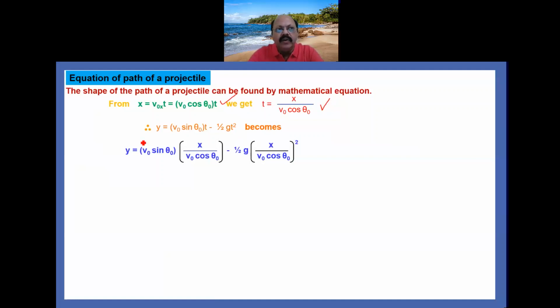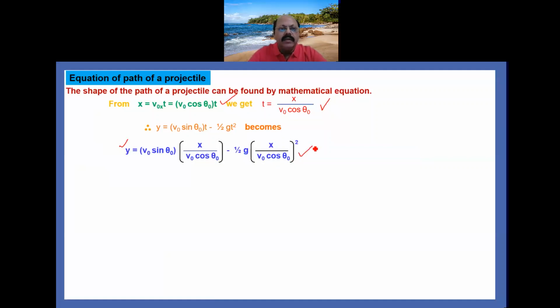Then y naught equal to 0, so you get only y. And v naught y is v naught sine theta naught, and t is x upon v naught cos theta naught, minus half g, because ay is minus g, times t square, where t is x upon v naught cos theta naught, whole square.